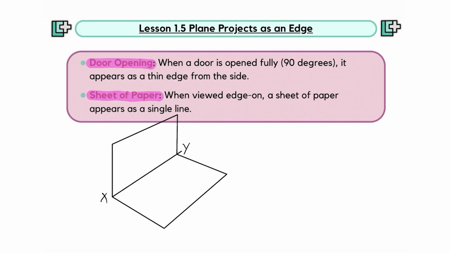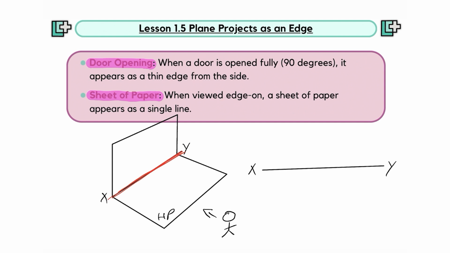So when we go to construct our orthographic views, we start off very often by drawing a line across the middle of our page and labeling it as the XY line. Now, what the XY line represents is if I was standing here in a position and looking directly at the horizontal plane, that is the ground in this case, it would project as a single edge view, namely the XY line.